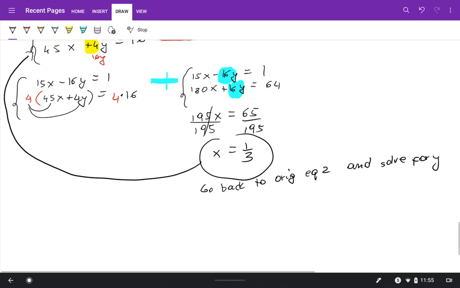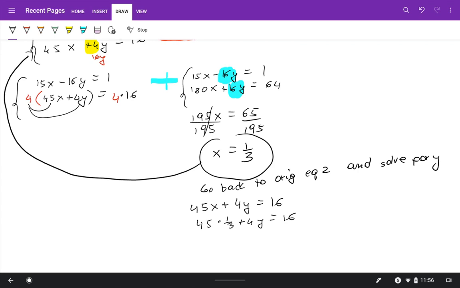So original equation 2, it's 45x plus 4y equals 16. And we're replacing x with 1/3. So this is 45 times 1/3 plus 4y equals 16.